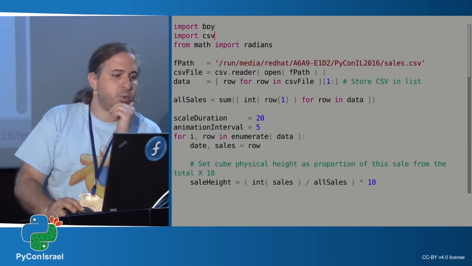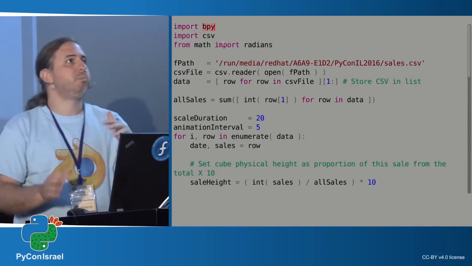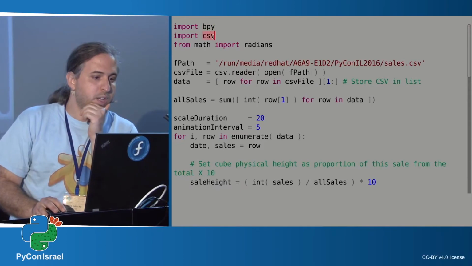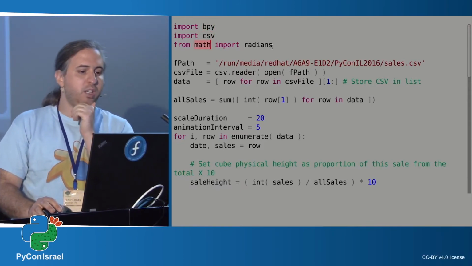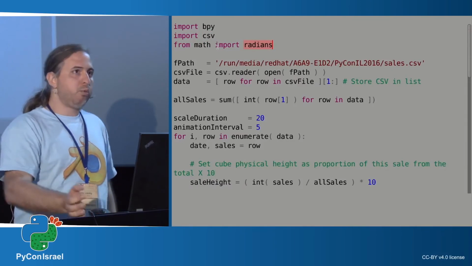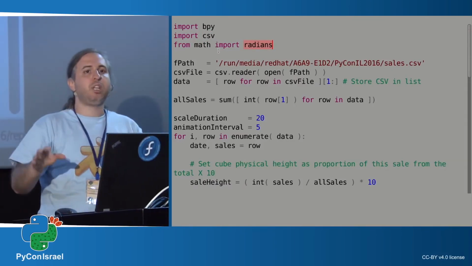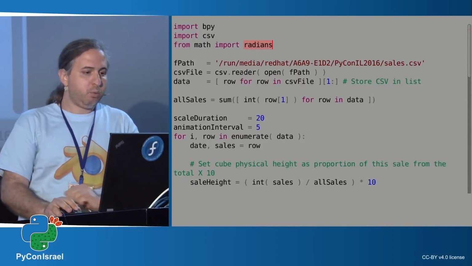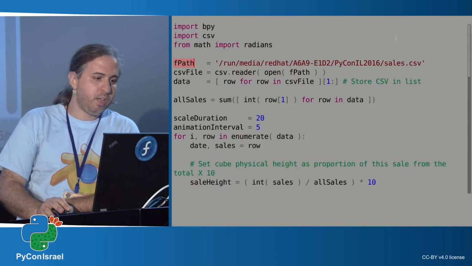Okay, so first I'm importing bpy, of course. bpy is our basis for most Blender scripts, and then csv. And then I'm importing the radians function, because rotation in Blender is usually in radians, not in ordinary degrees. And then we have a file path for our CSV.